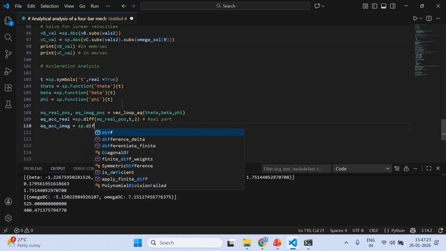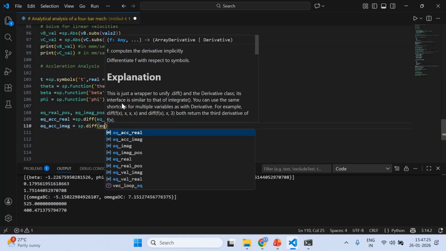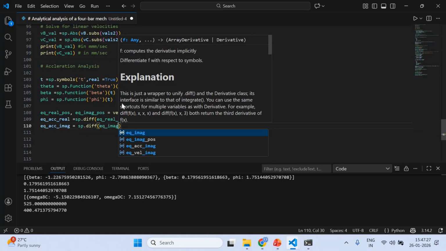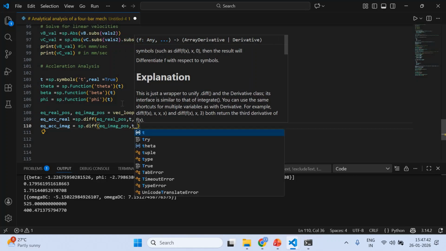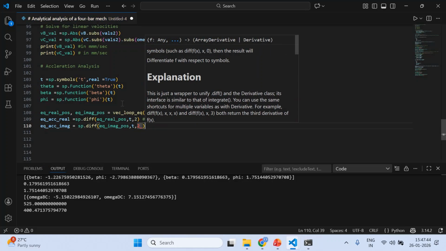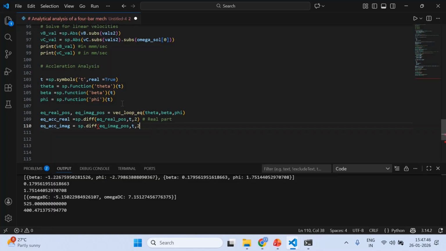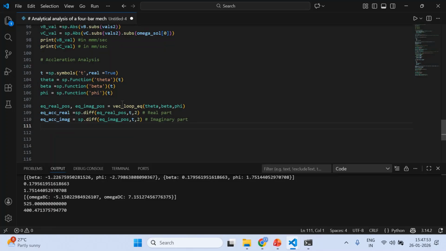So again sp dot diff, then we have equation underscore imag underscore pos, right? Then again we have t comma 2. So just remember, this is my imaginary part. For differentiating twice, you just use this numeral after the variable t. So it will be t comma 2.